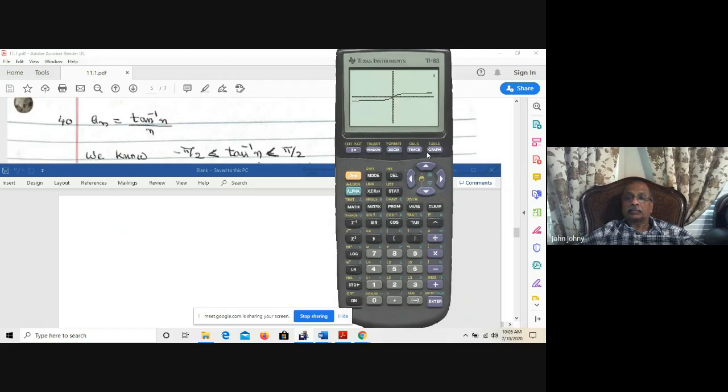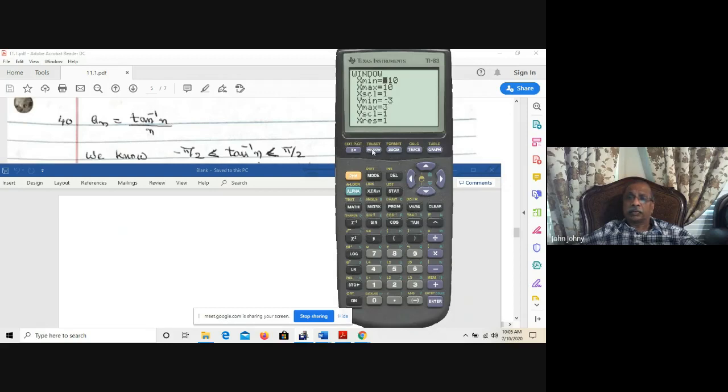That is the graph. I'm going to change the window. So window x from negative 10 is okay, y from negative 3 to 3.